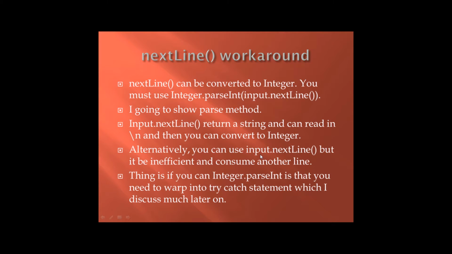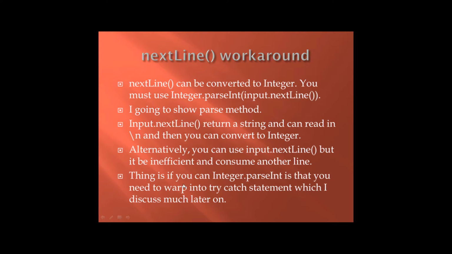So there's a workaround with that one. If you put nextInt and you're about to use nextLine, be sure you use this input nextLine. It can cover that. I showed that off again. So they cover that one \n at the end, and then you can continue on.